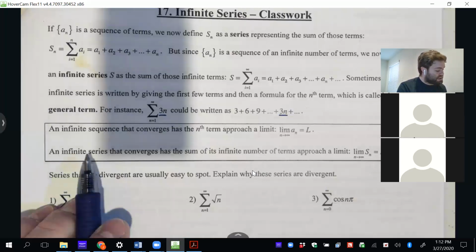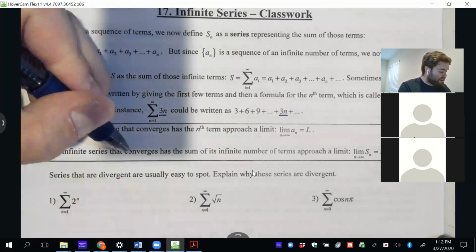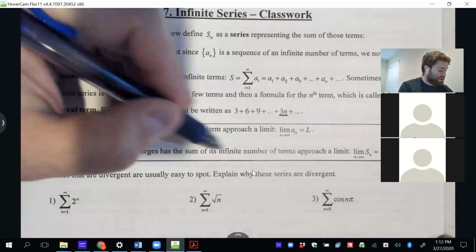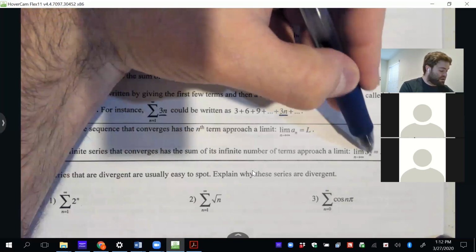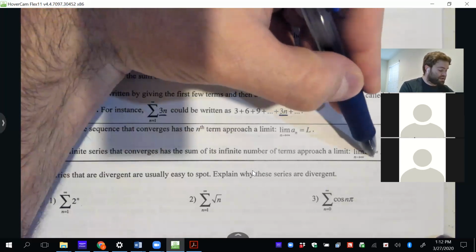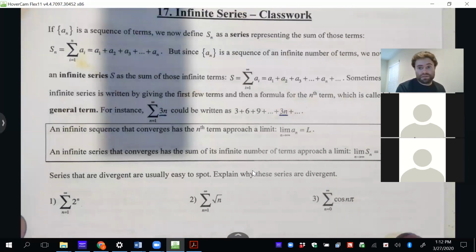We say that a series converges if the sum of all of those numbers does actually approach some value, so S sub n would equal some capital L. If the sum goes to infinity, then we say it diverges or is divergent.